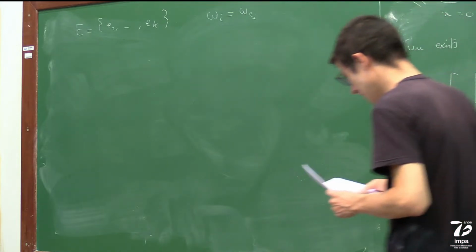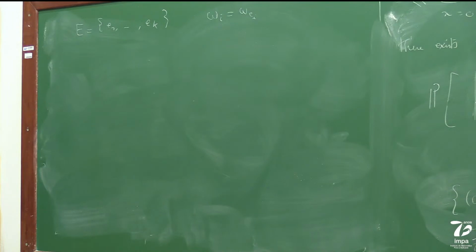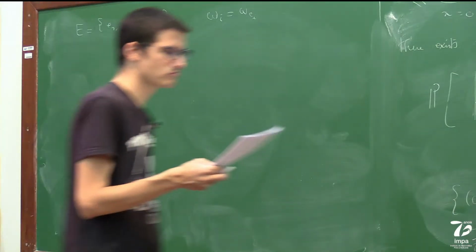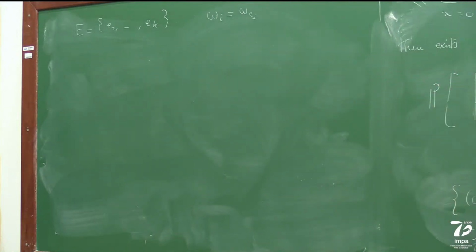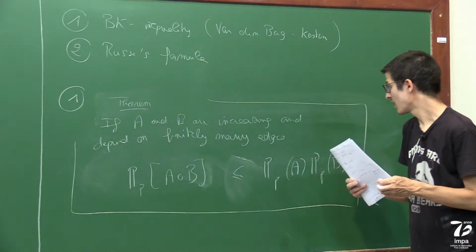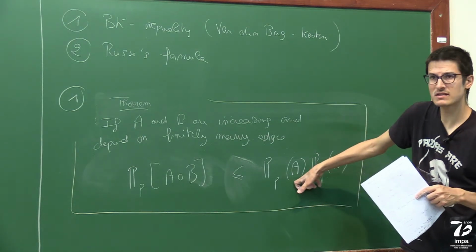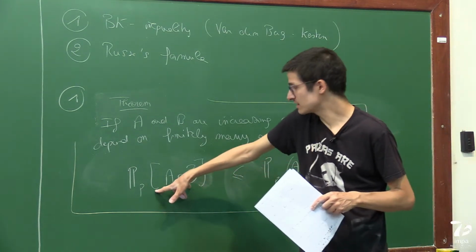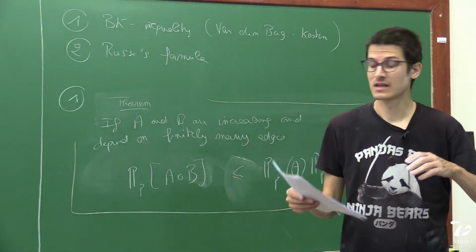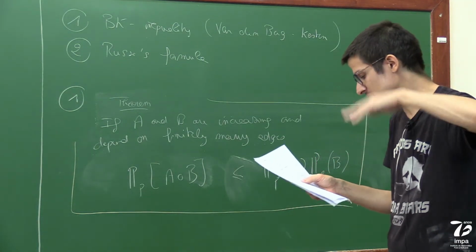Okay. So here, the main idea for the proof is interpolation. So basically, we want to construct a sequence of events, the first of which whose probability will be this, the last of which will have this probability, and we want to check that the probability of these events is a decreasing sequence.